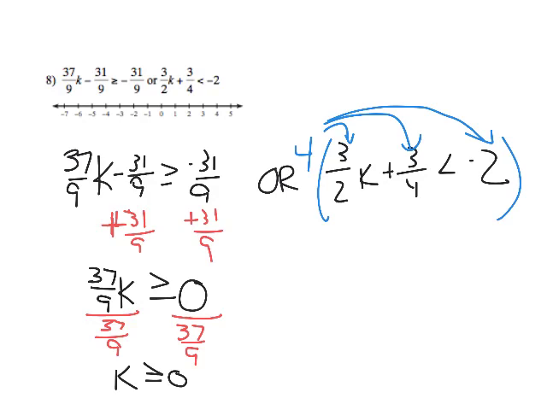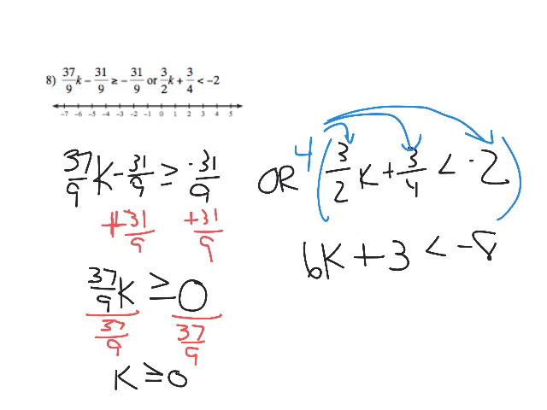Please remember that it is 4 times 3 divided by 2, 4 times 3 divided by 4, and 4 times a negative 2. Remember, this 4 is not multiplied to both the numerator and the denominator. That's not how that works. So 4 times 3 divided by 2 is 6, right? So you get 6k plus 4 times 3 divided by 4 is a 3, less than 4 times a negative 2 is a negative 8.